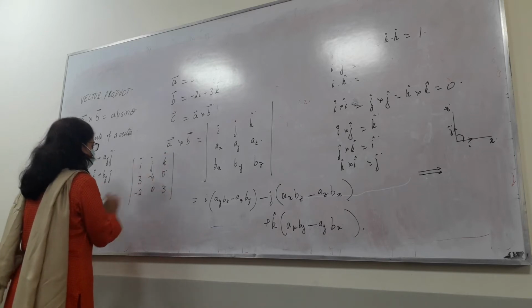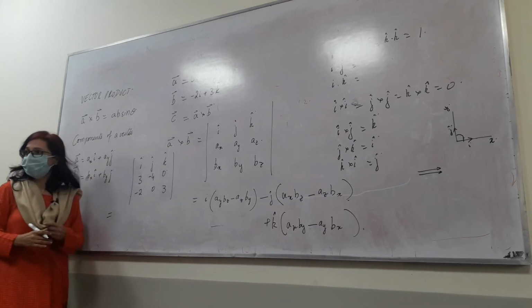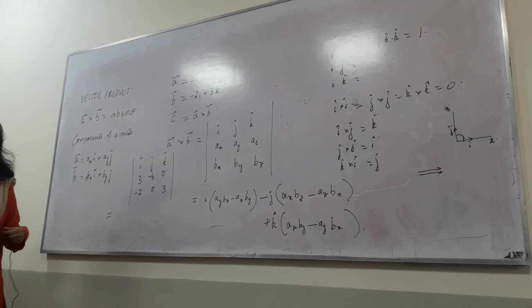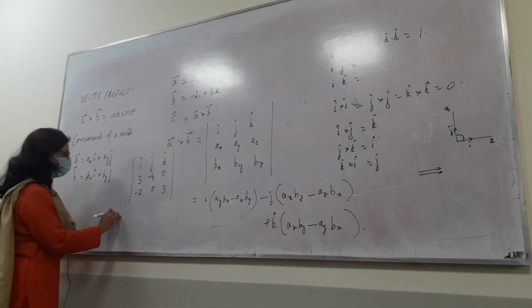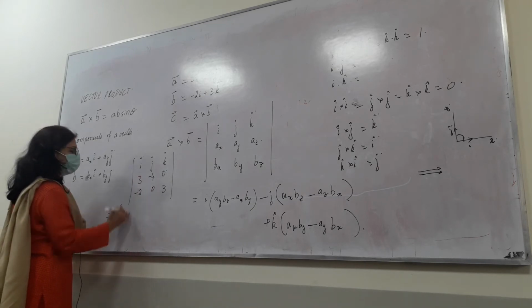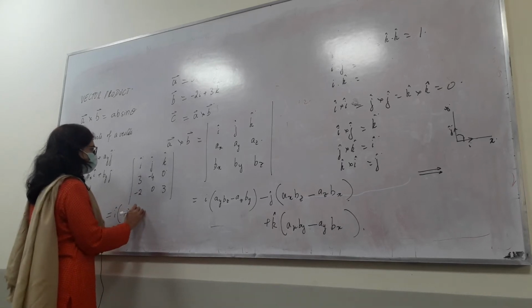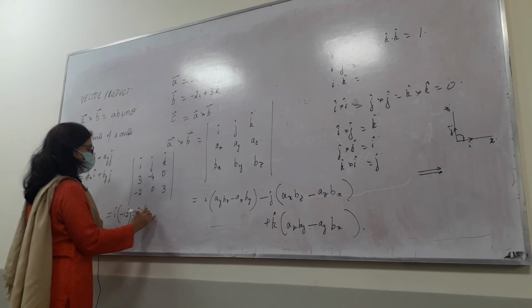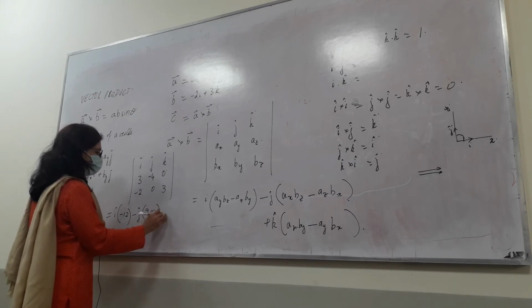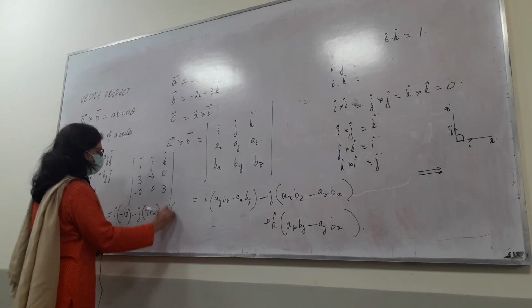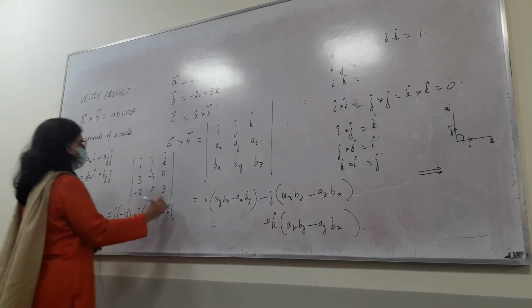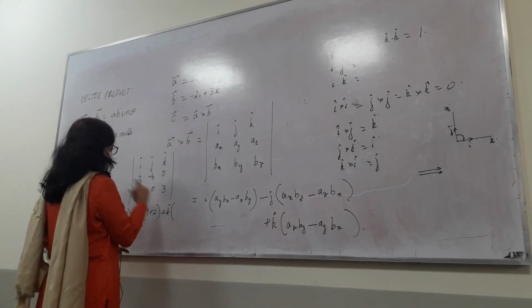So the answer will be, has anyone solved it? I multiply by minus 12, minus j multiply by 9 plus 2, plus k multiply by 8.